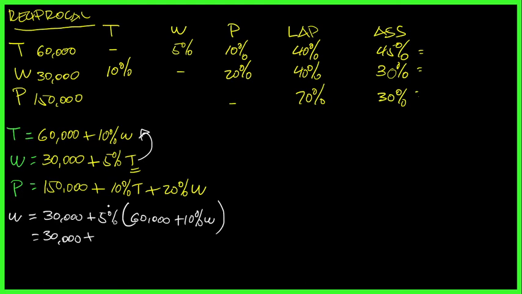Okay, so to simplify, you now have 30,000 plus process of distribution, right? Okay, so what is 5% of 60? 10% is 6,000. So half of that will be 3,000. Plus, tingnan natin para masaya. Or actually, you can remove that already. Anyway, we're going to simplify that later. 5% of 10%, so this will be 0.05, right? 0.05 times 0.1, that will now be 0.005 or 0.5%.